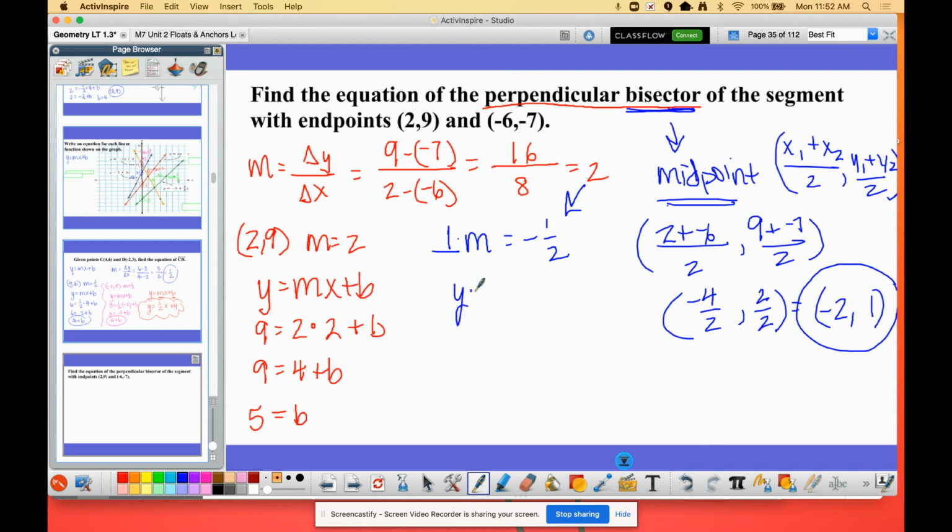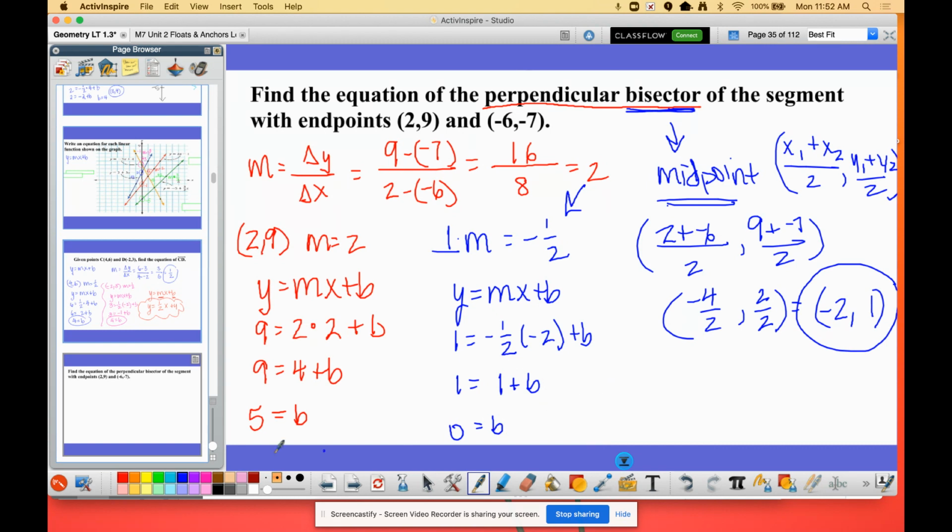So subbing in y equals mx plus b, we're going to use our (-2, 1), so 1 goes in for y. In for my slope is negative 1/2, and in for x is negative 2, plus b. 1 is equal to 1 plus b, and b is equal to 0. So my y-intercept is 0.